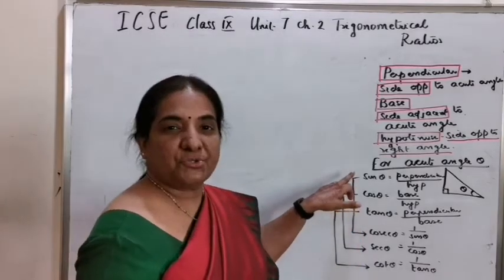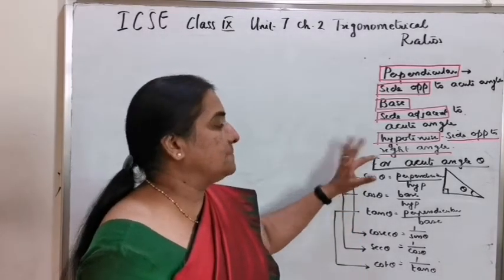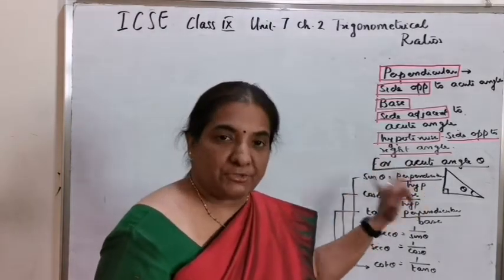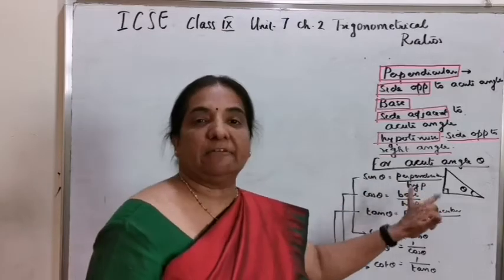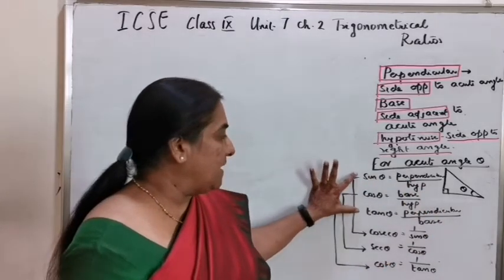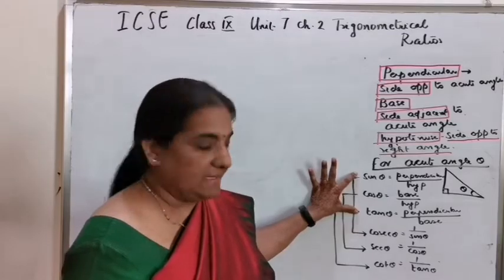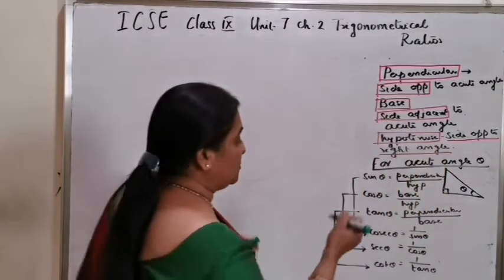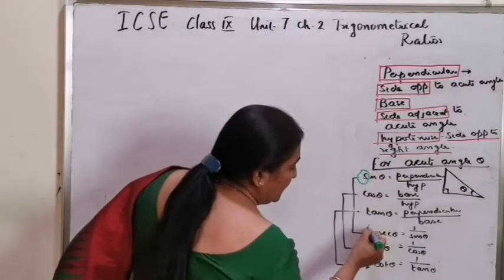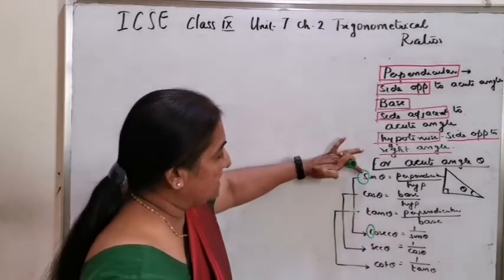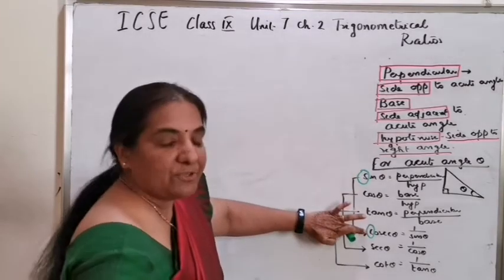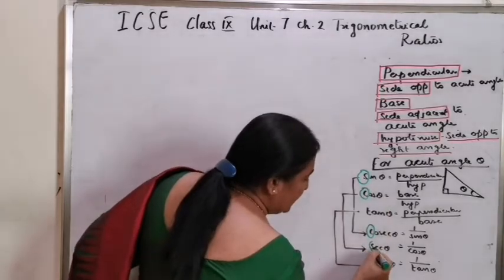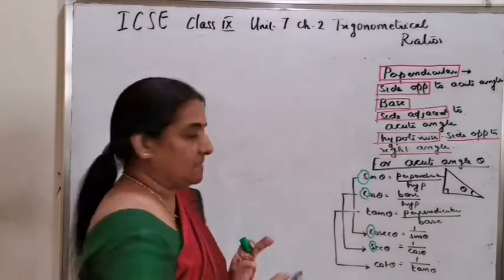The trigonometric ratios are: sine theta is perpendicular by hypotenuse, cos theta is base by hypotenuse, tan theta is perpendicular by base. You just learn by heart only the first three ratios, and then the sine ratio and cosec ratio are reciprocal. You can identify the letters as S and C for easy memory's sake, and cos and sec values are reciprocals.